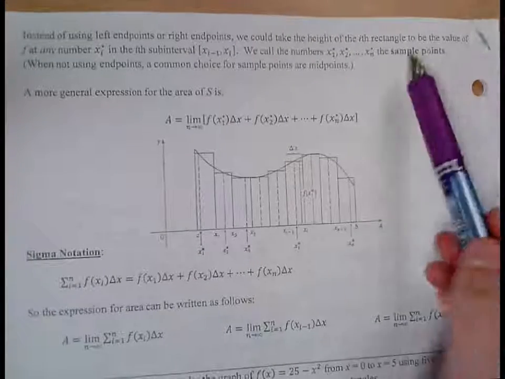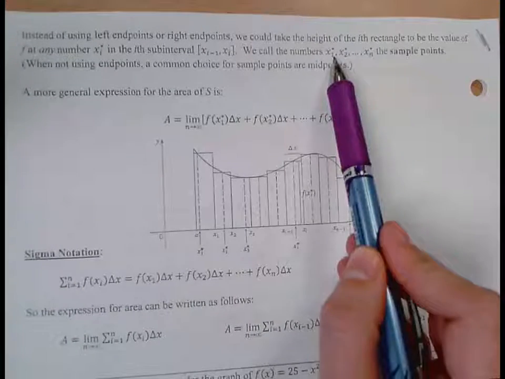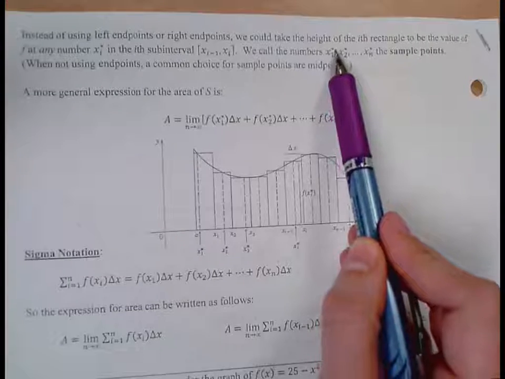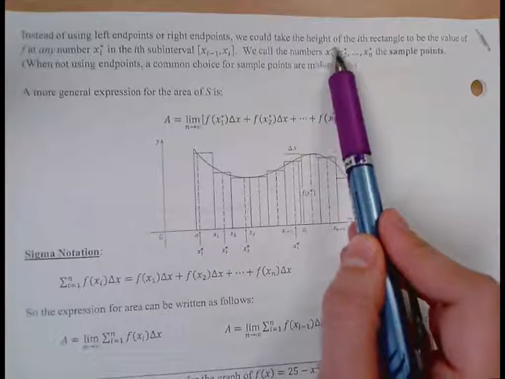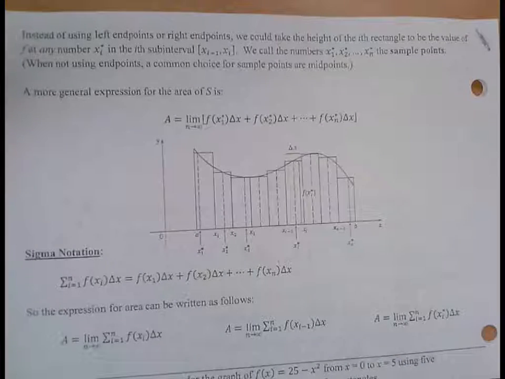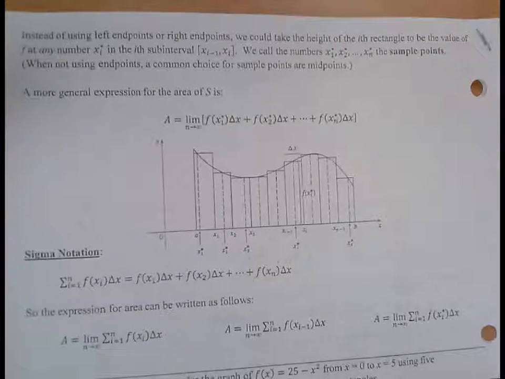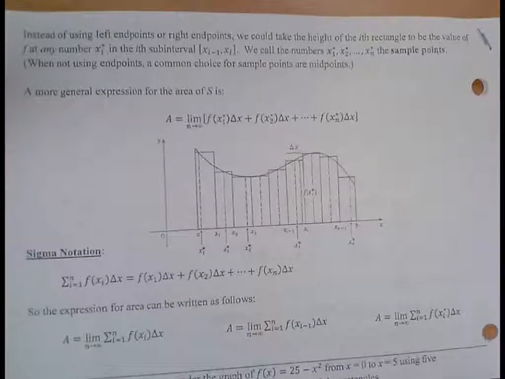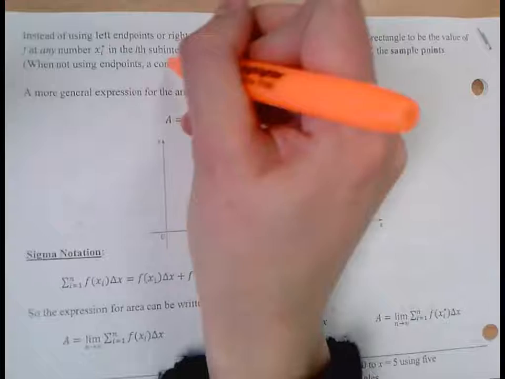And that would just be called a sample point. So if you see the notation like x sub 1 star, with the asterisk, that just means a sample point. And it doesn't have to be the endpoint. It could be any number in between. The most common choice for a sample point in an interval is the midpoint of the interval.